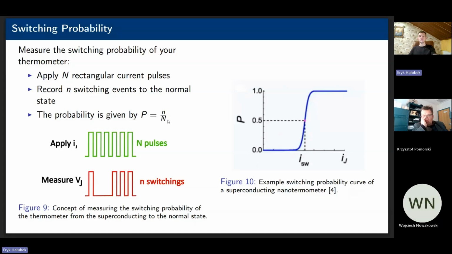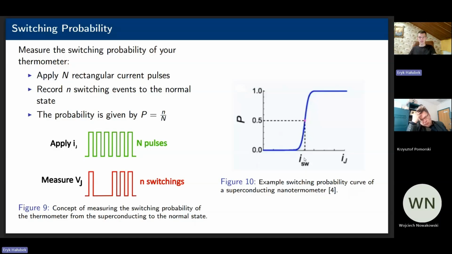And this allows us to assign some current amplitude to some kind of temperature at which the switching is taking place, when the probability of switching is 50%.